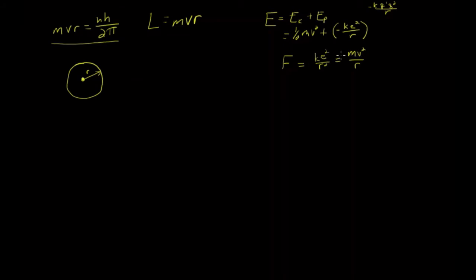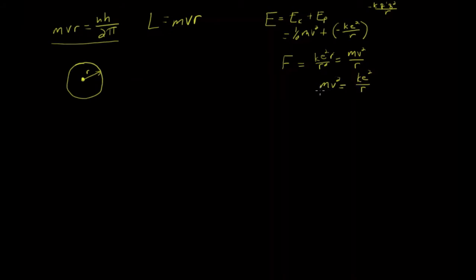So with these things being equal, I can rearrange this and I can get mv squared is equal to ke squared over r. We're basically just bringing this r over here, up here, and so it cancels out, and so we have ke squared over r.